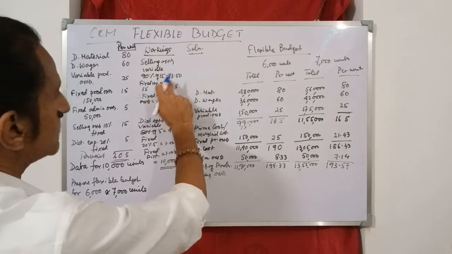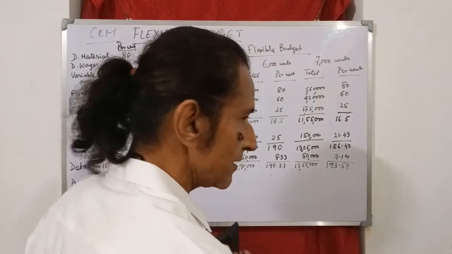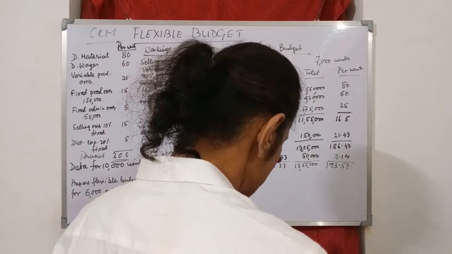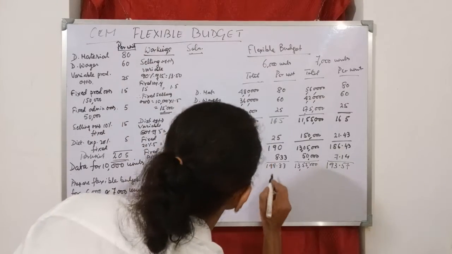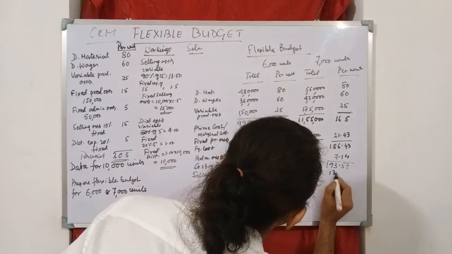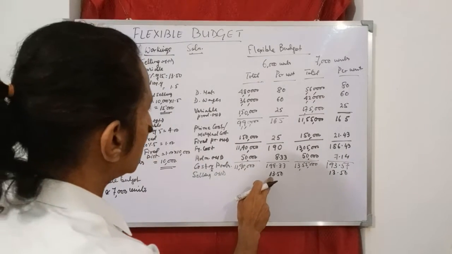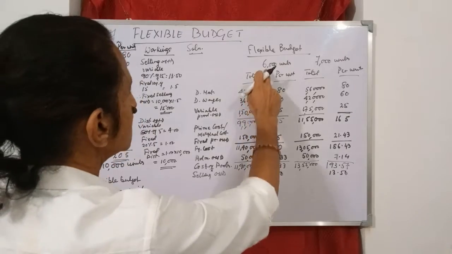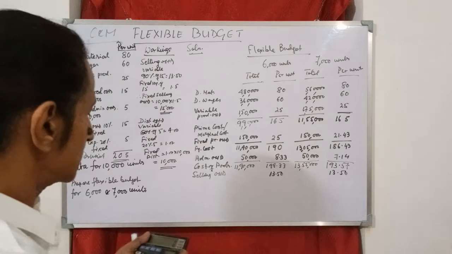Variable is 13.50. So we write 13.50 in the per unit column. You have to multiply 13.50 by 6,000 to find the total selling overhead for 6,000 units.